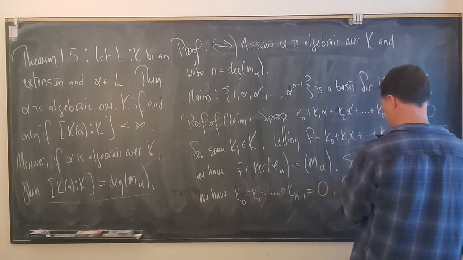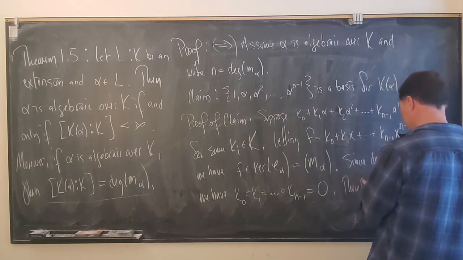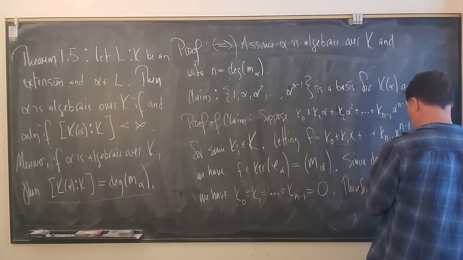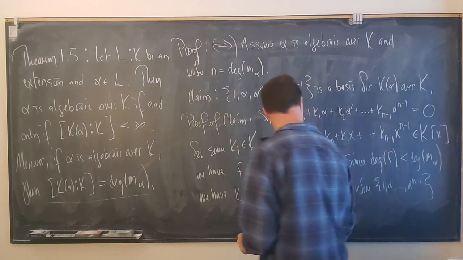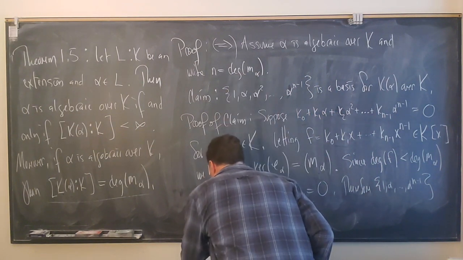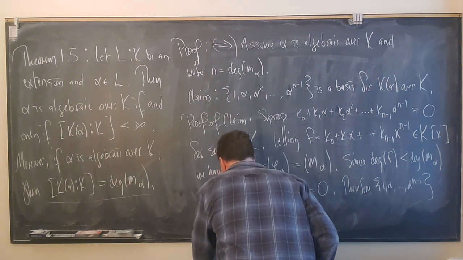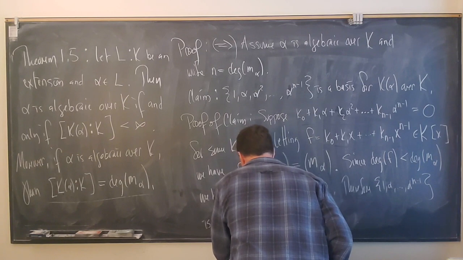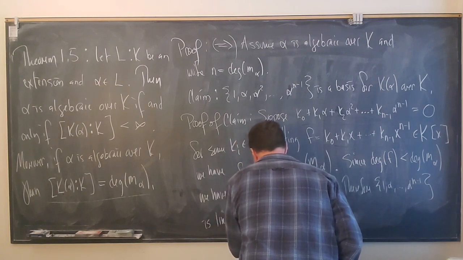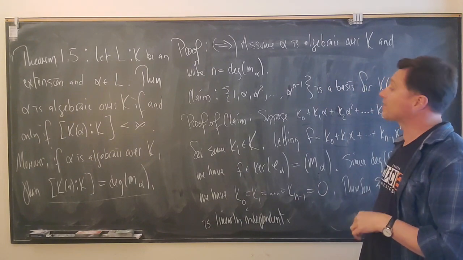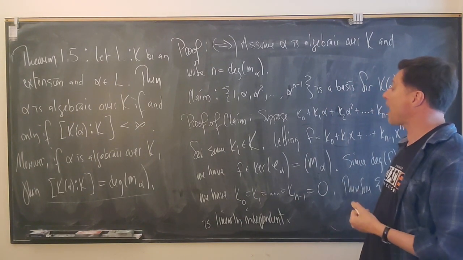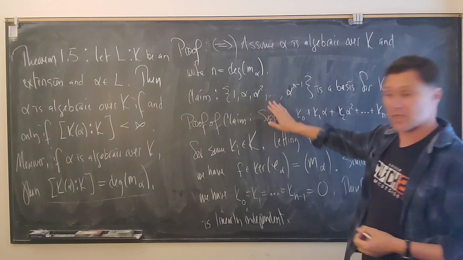Therefore, our set 1, alpha, up through alpha to the n minus 1, is linearly independent. Okay, so there's half of the proof of the claim. Now I need to show that this set also is a spanning set.